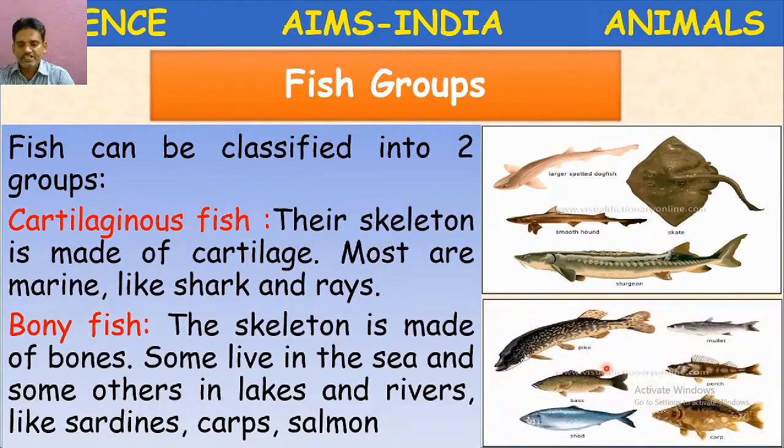Next, bony fishes. If you take bass, perch, mullet, carps, shad, these are all different bony fishes present in river and sea, and you can also see these fishes in the lakes, salt lakes also. So these are the different groups of fishes.